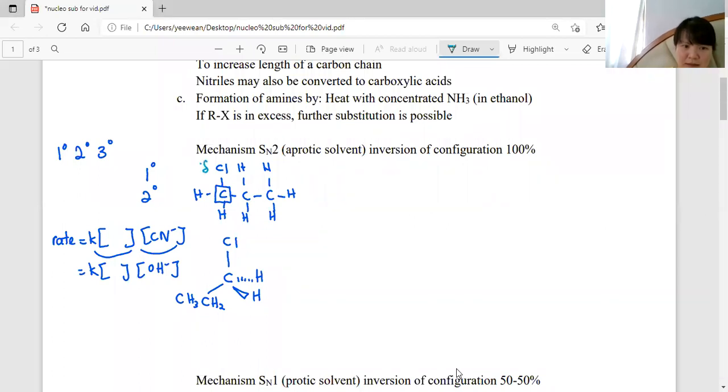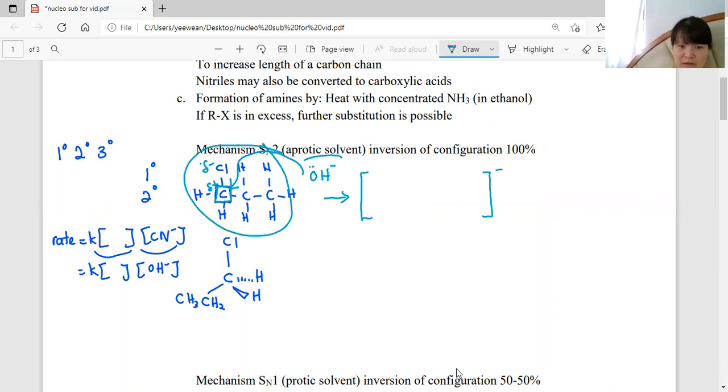So Cl is slightly negative and the carbon is slightly positive, which means the OH as a nucleophile, something that loves electron deficient sites, will love this carbon because it's delta plus here. So it's going to go close to that carbon here and form a transition state here, which is negatively charged because this was neutral and the OH is negatively charged.